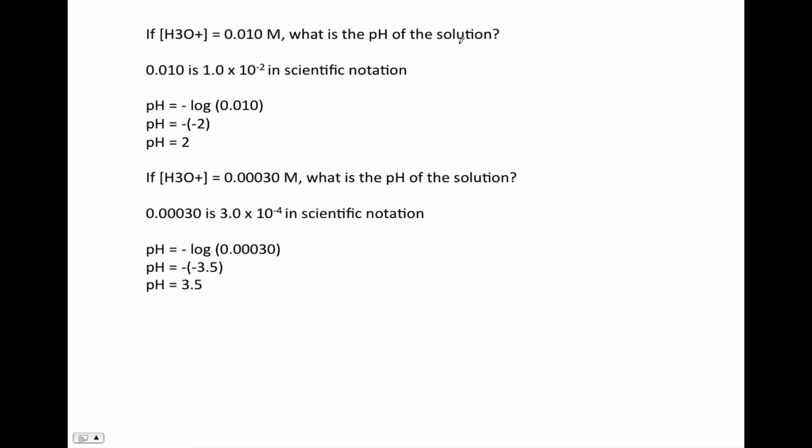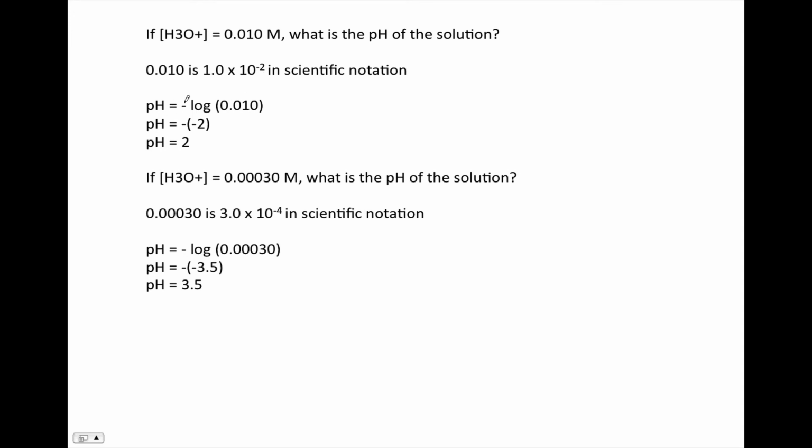What's the pH of the solution? How do we find that? This is just reminding you that if you wanted to write this in scientific notation, with two significant figures, you would write 1.0 times 10 to the minus 2. I get that from moving the decimal place 1, 2, and because I'm moving it to the right, the exponent is negative.